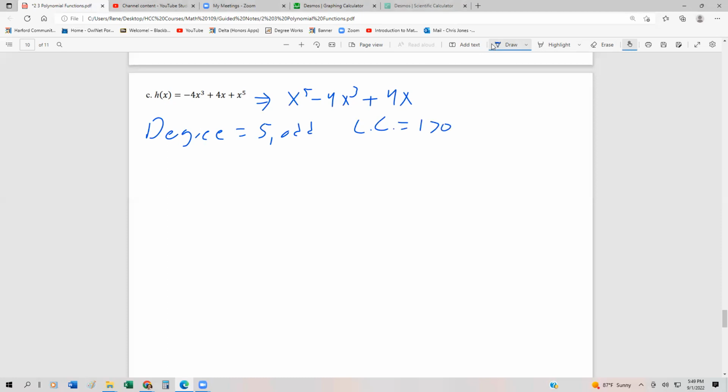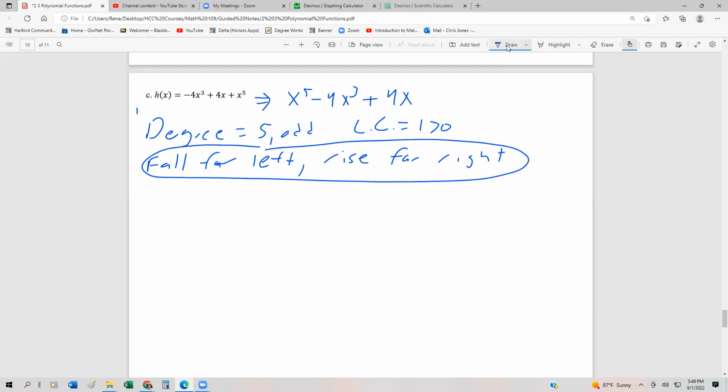And so what that means is that this is going to fall far left, but it's going to rise far right. Okay, so that's the left and right endpoint behavior, or far left, far right behavior. Okay, so let's hold on to that because we're going to need that later.